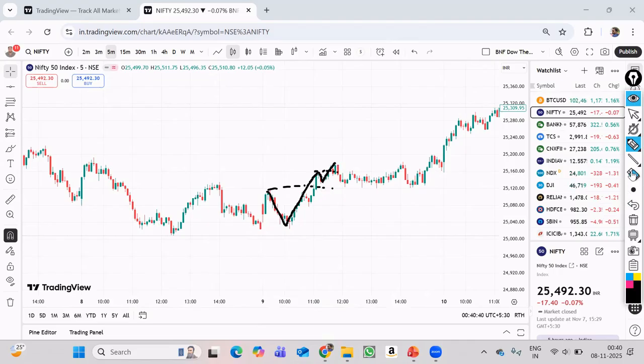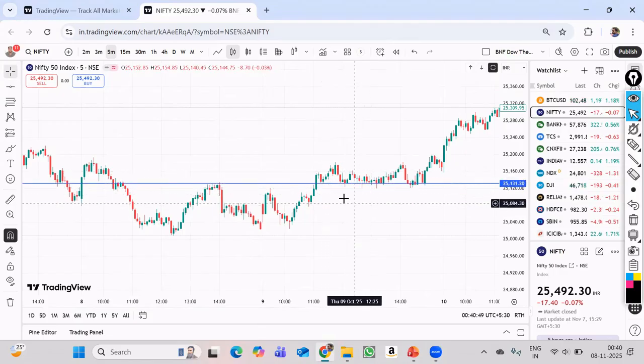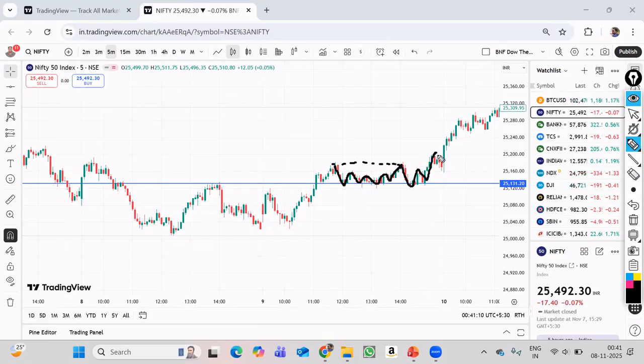So in this case, what is my inducement level? I will mark it so that you come to know when it is coming to take an inducement. So this is my inducement level, correct? The price fell back to this place, consolidated. It is taking liquidity. It is waiting for the buyers to accumulate their orders, and then it gave a strong momentum on the upside.